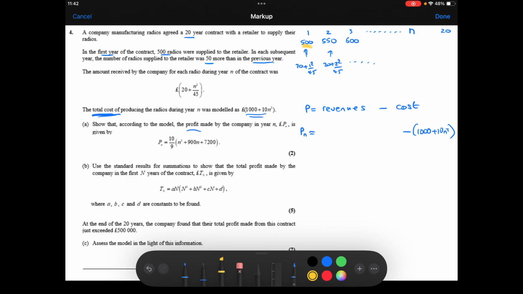So this sequence has first term 500 and common difference 50, so it's going to be 500 plus (n minus 1) times 50, or I can simplify that, it's going to be 500 plus 50n minus 50, or 450 plus 50n.